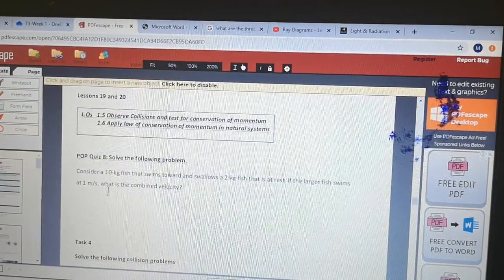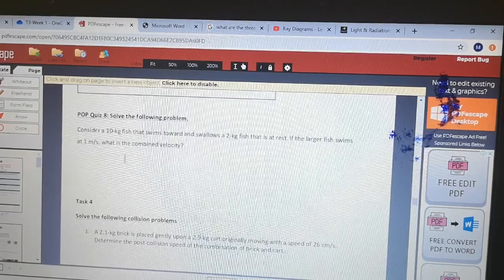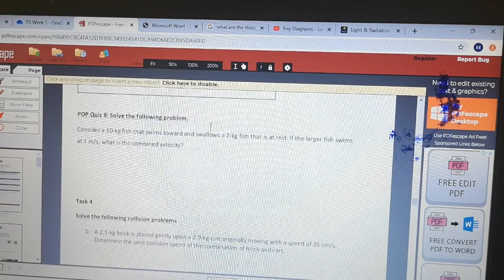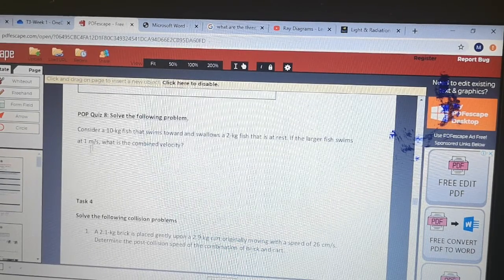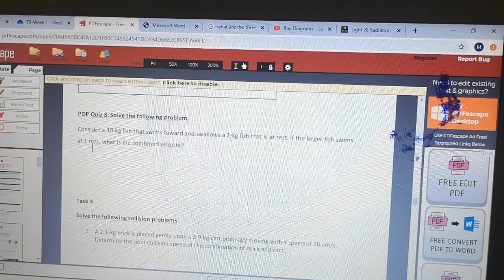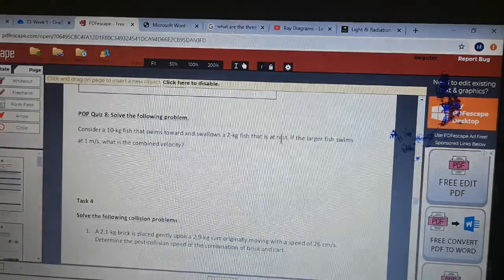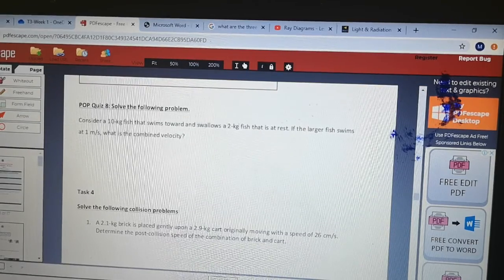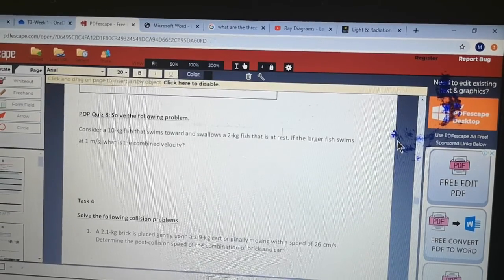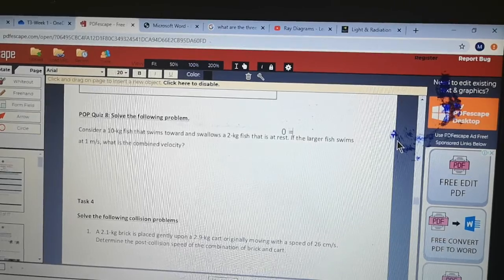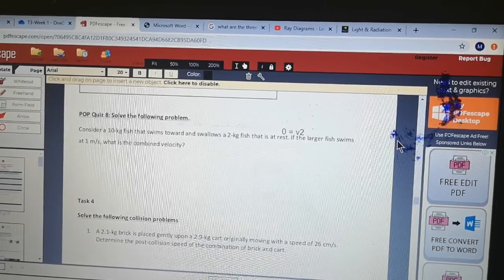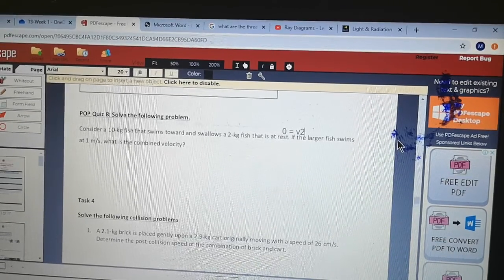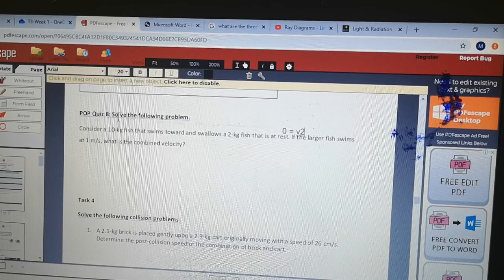Let's check it out. Consider a 10 kilogram fish that swims towards a 2 kilogram fish. The larger fish swims at 1 meter per second and the smaller fish is at rest. At rest, remember, 0 meters per second. So we can say V2 equals 0.